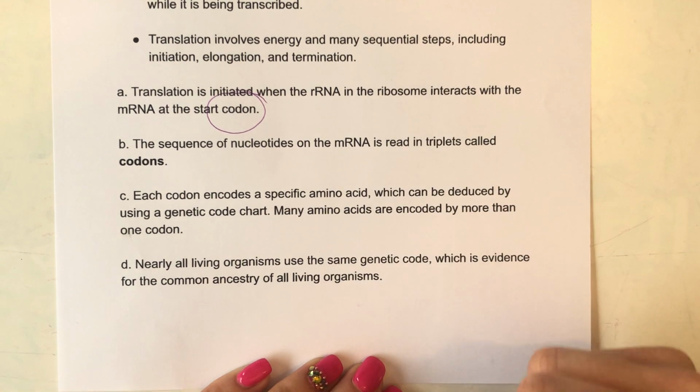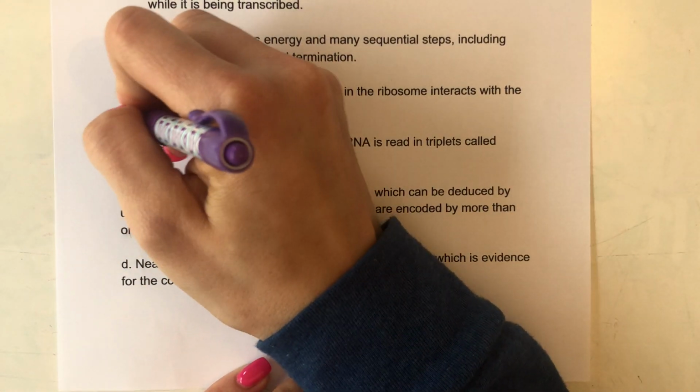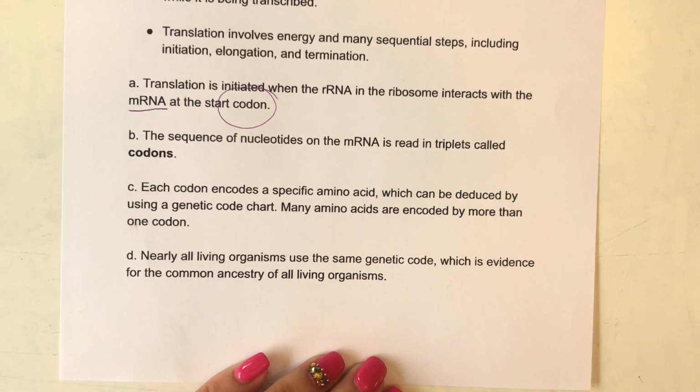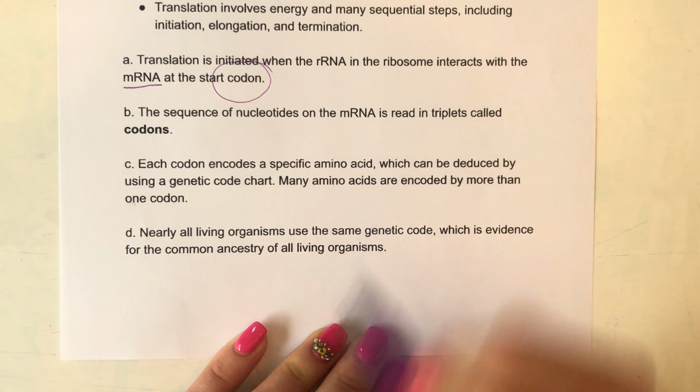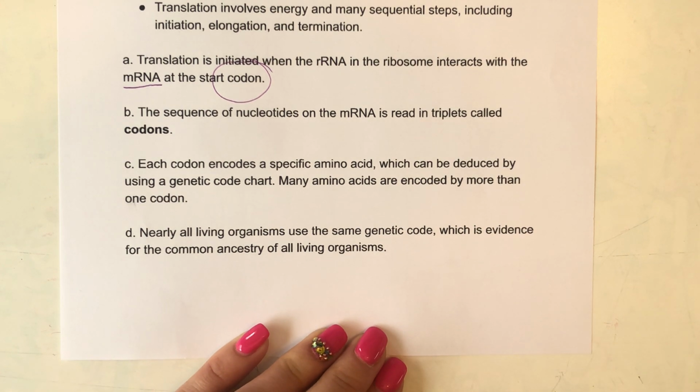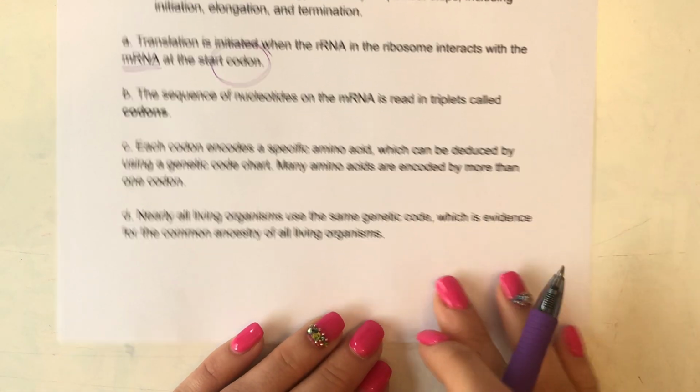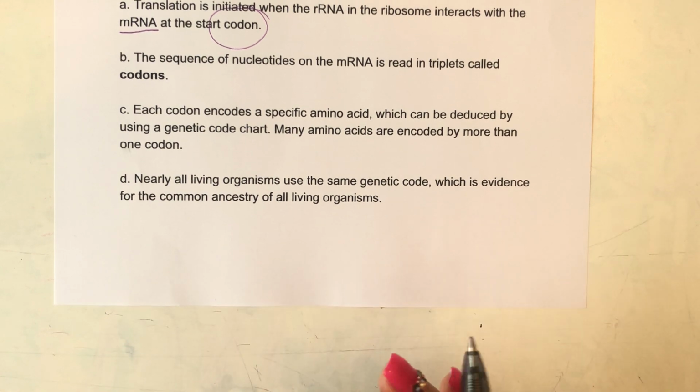Okay, so those codons are going to specifically be on the mRNA. The mRNA has the code that we're looking for. Each codon encodes for a specific amino acid. I'm going to teach you how to read the codon wheel and know specifically what's coded for and what amino acids you can find using what codes. Just a couple things in terms of that codon wheel. Some code for one, some code for more than one.